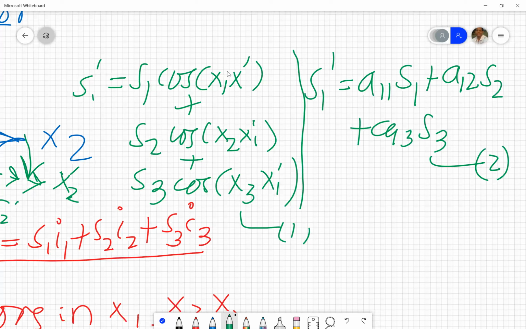We are just replacing x1 and x1 dash, x1 and x2 dash, x1 dash and x2, x3 dash and x3. All these cos components are replaced by A. Just a minute, why is it happening here?